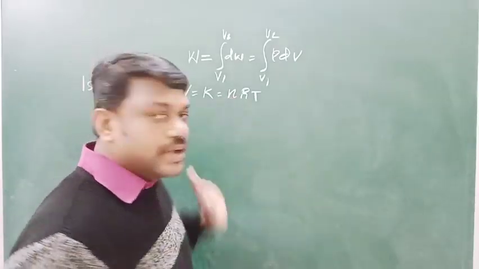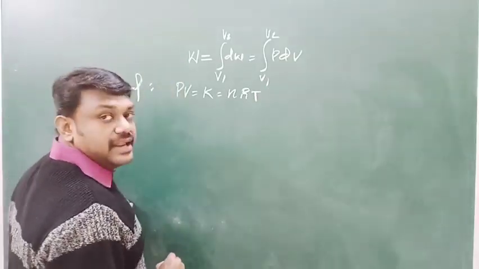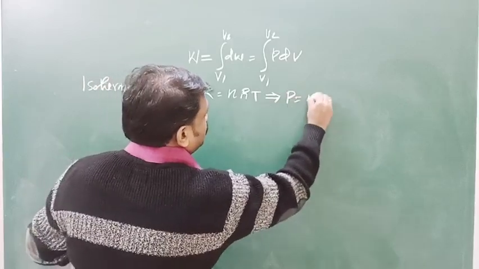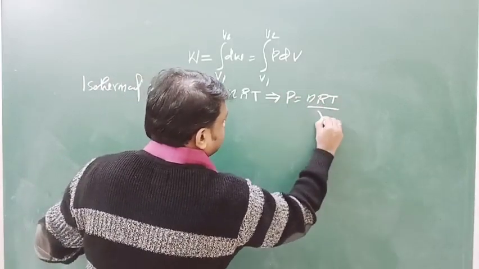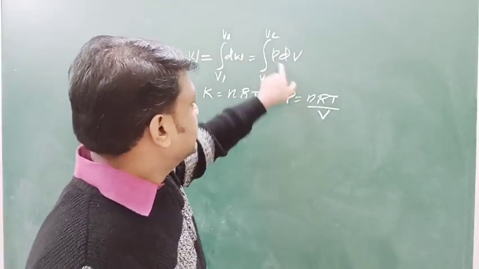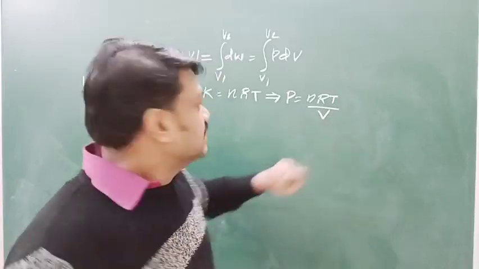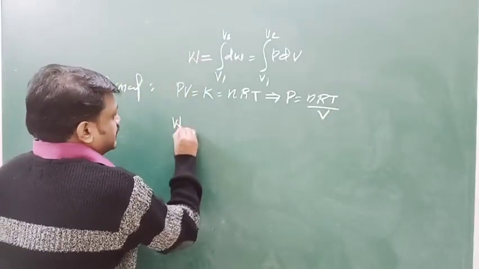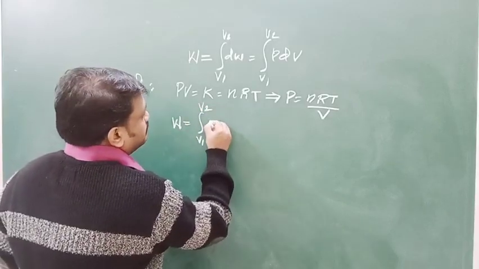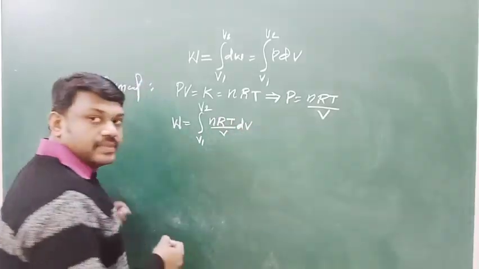So PV is equal to nRT, so this P you can replace by nRT divided by V. Now from this integral, this P you can replace by nRT divided by V. So W will become W is equal to the integral V1 to V2 of nRT divided by V dV.